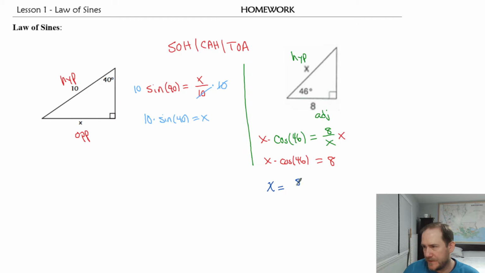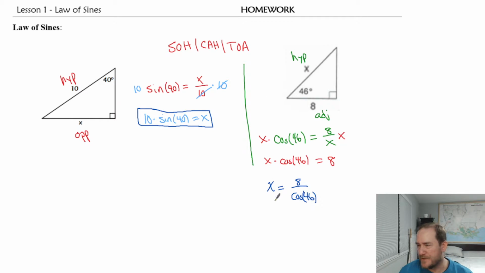So we get x equals 8 divided by cosine 46. So there, that's all. Sometimes these problems are really simple, and you just get a side length times the sine of an angle. Other times, though, you end up with a side length divided by the cosine of the angle. But if you do those problems the way I just explained, those will be fine. By the way, you're not likely to see a ton of these.